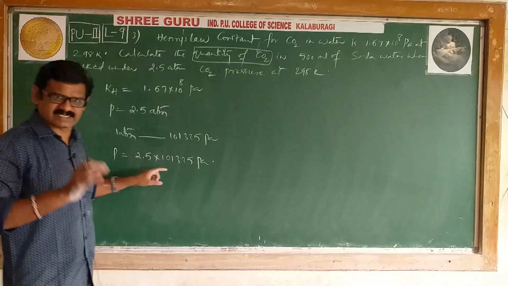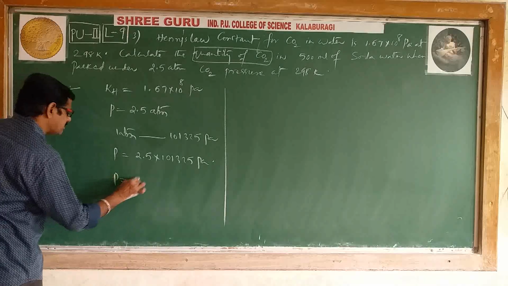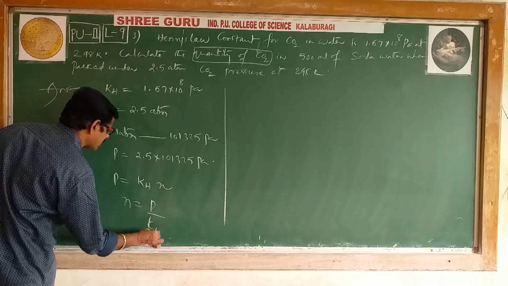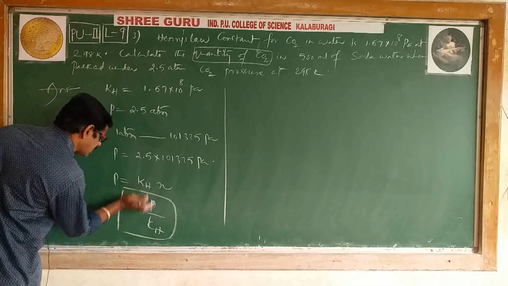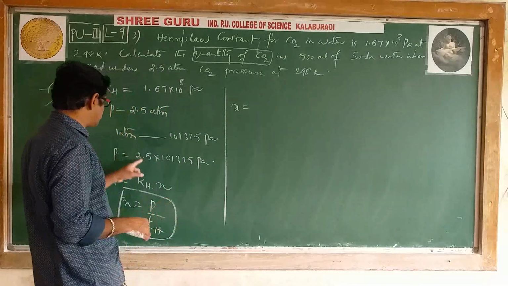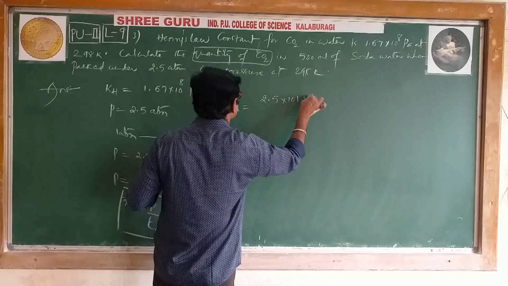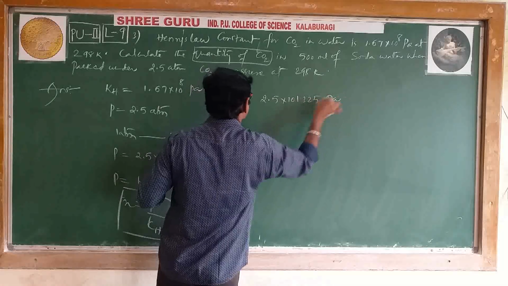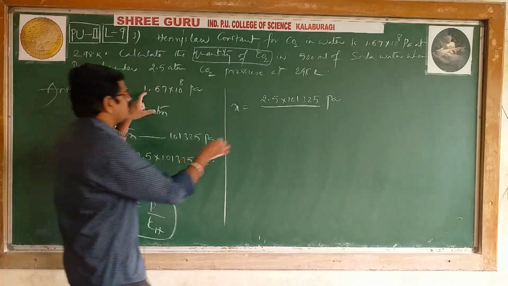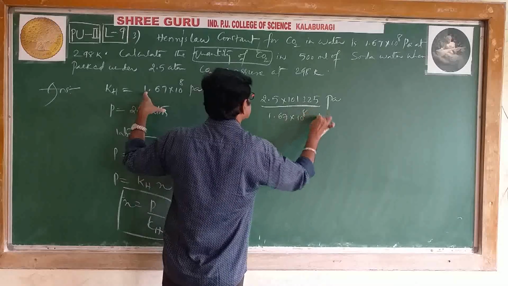We will first find the mole fraction. What is the formula? P is equal to KH into X. X equal to P by KH is the formula. Therefore, we will calculate X. P value how much? 2.5 into 101.325 Pascal divided by KH value, already given in Pascal, 1.67 into 10 to the power of 8 Pascal.